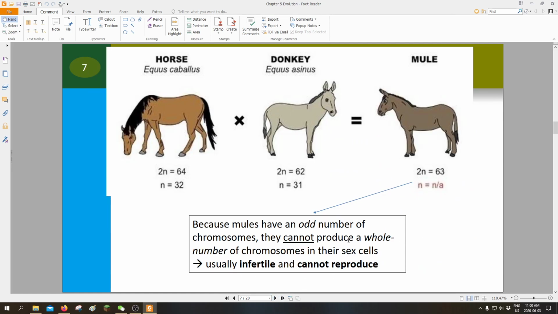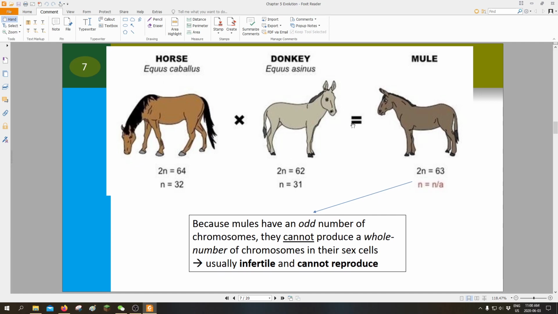Over here, you might see this from Minecraft, but when a horse and a donkey mate, they create something called a mule, and the mule has an odd number of chromosomes, because a horse has 64 chromosomes and a donkey has 62 chromosomes. When they mate, they create a mule that has 63 chromosomes. Recall from last week that sex cells have half the number of chromosomes that you do.